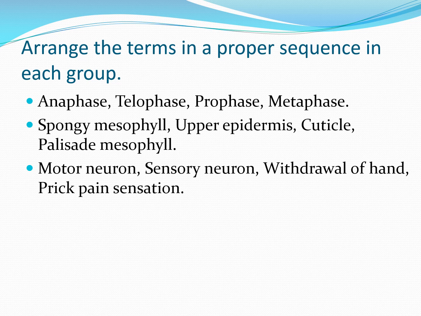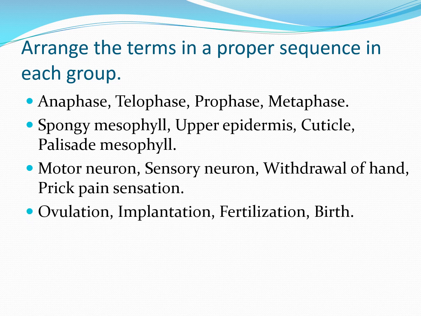It generates a response that is carried by motor neuron. Motor neuron will pass the response to the effector organ, so withdrawal of hand can be seen. So first prick pain sensation, second sensory neuron, third motor neuron, fourth withdrawal of hand.